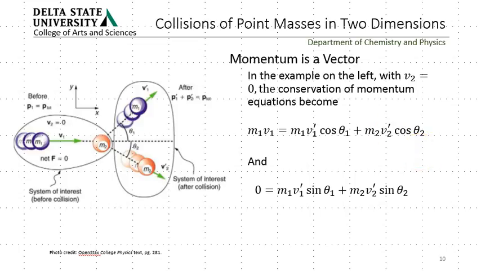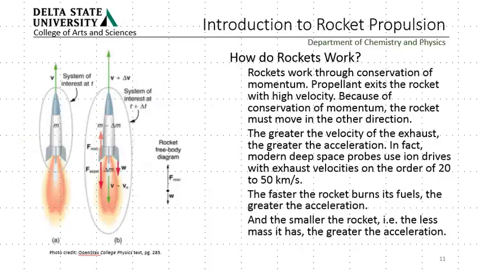Okay, another place where momentum comes into play is in rocketry. Rockets use conservation of momentum to propel themselves by giving momentum to the exhaust, since momentum has to be conserved. If you start off with the rocket with no exhaust coming out and the total momentum is 0, and then the exhaust starts coming out, the rocket gets momentum that cancels out the exhaust momentum so that the total momentum remains 0.